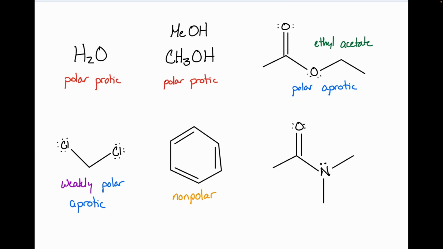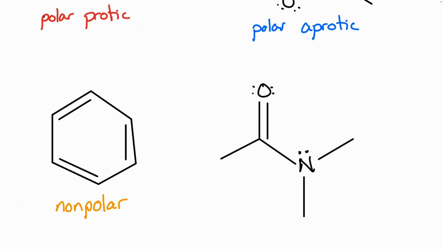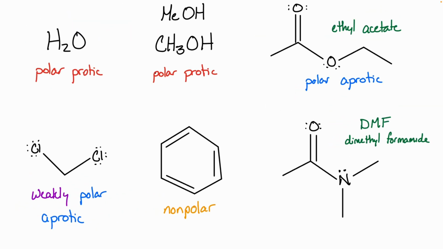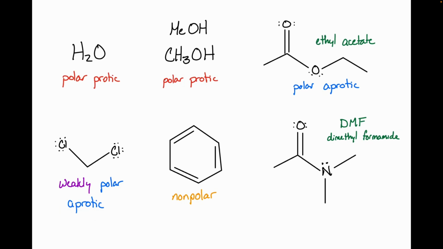Okay. And then what about this thing here? Another up and coming one, what's called DMF, or dimethylformamide. Polar or nonpolar? Polar, we again have that carbonyl group. And then can it hydrogen bond?